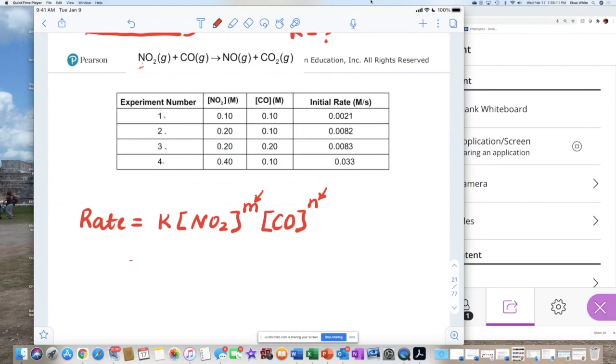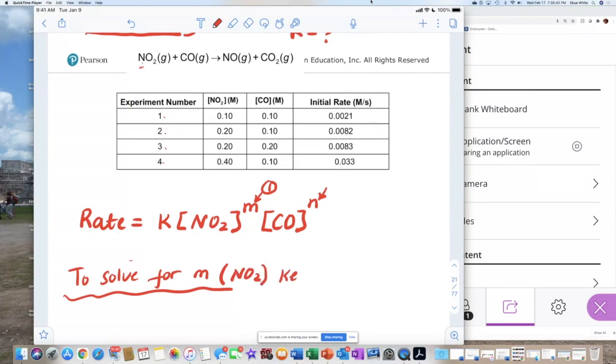So to solve for M, I'm starting with this part first. I have to pick 2 experiments. Since I'm trying to solve for M, which goes with NO2, I want to keep the CO concentration constant. I want to keep CO from influencing my observations.